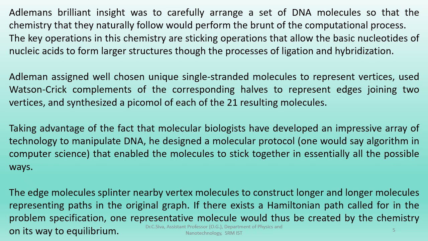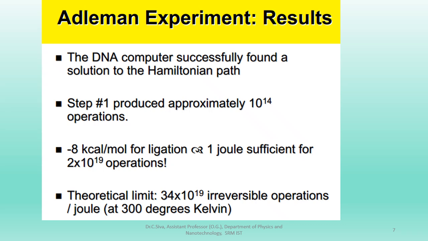DNA computing in ciliates. Before we go into that, we will see the results produced by the Adleman experiment. One step produced approximately 10 to the power 14 operations, with only minus 8 kilocalorie per mole for the ligation process, and 1 joule is sufficient for 2 into 10 to the power 19 operations.